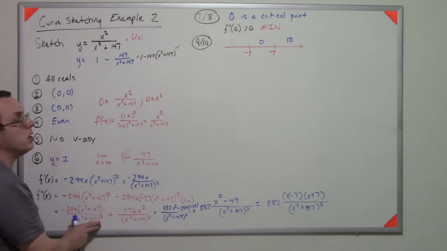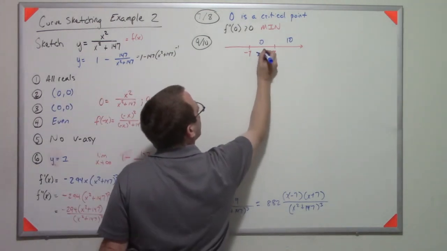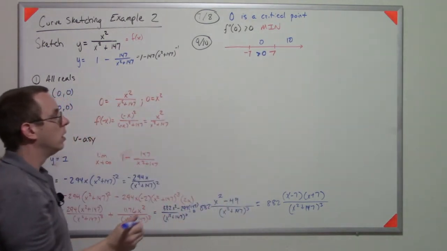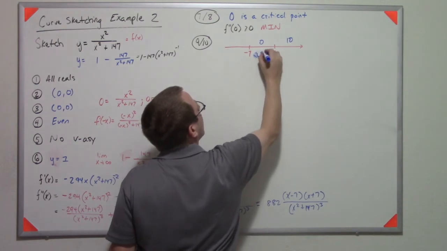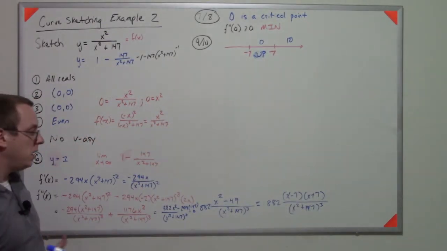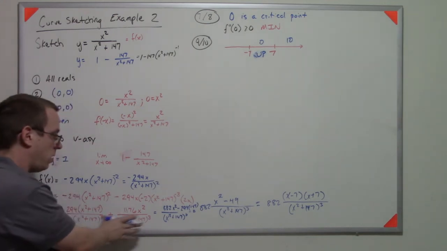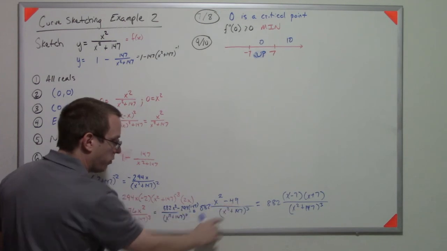So I get a positive value. So that tells me it's greater than 0, so it's concave up here. And then if I plug in 10, instead of plugging in 10 here, let's use it on this one, because that'll be 100 minus 49.